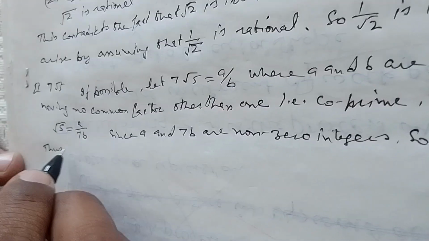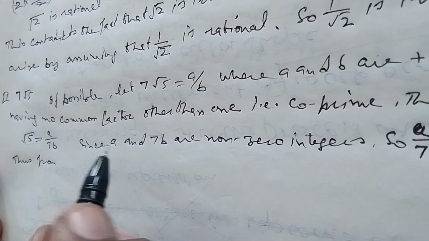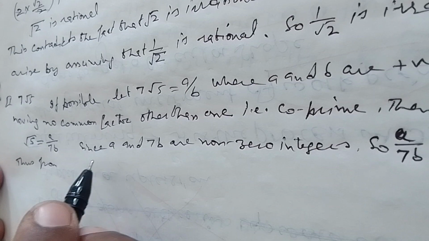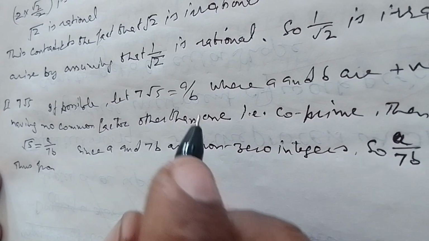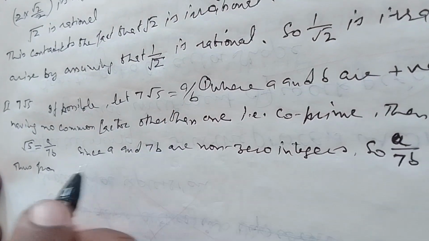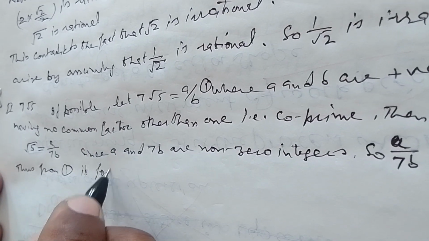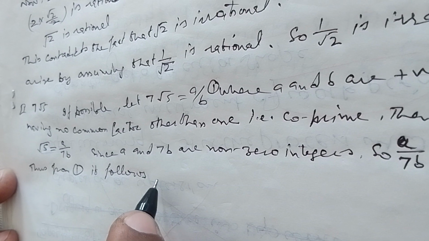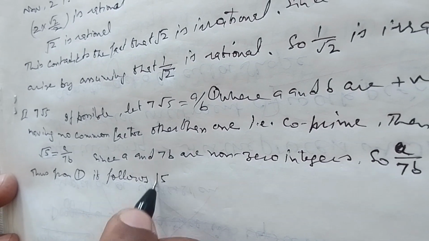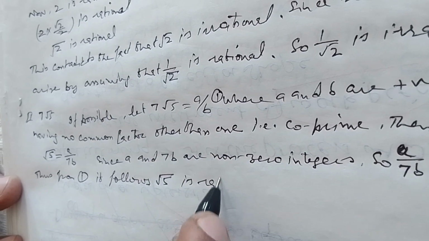Thus from 1 it follows root 5 is rational.